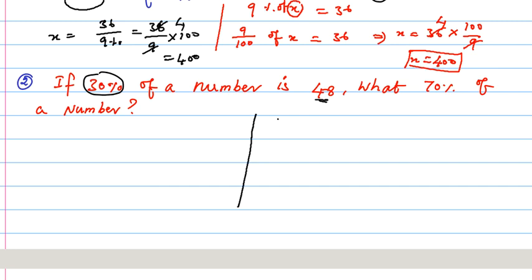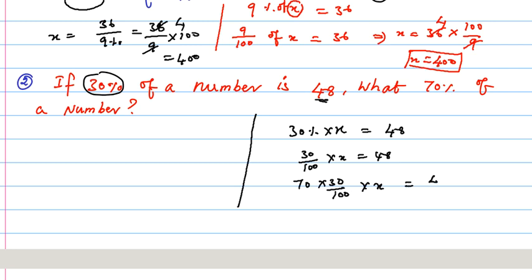Here I am going to apply two different methodologies. In the normal methodology, I take 30 percentage of a particular number x, where you put multiplication, equal to 48. From that you get 30 by 100 into x equal to 48. Better, multiply 70 on both sides. So 70 into 30 by 100 into x equal to 48 into 70.